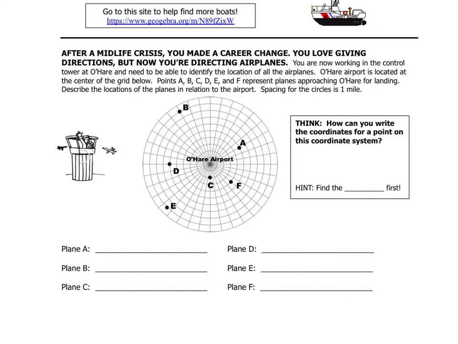It says spacing for the circles is 1 mile. So as we move out from one circle to the next, moving concentrically further away, we go out 1 mile each.